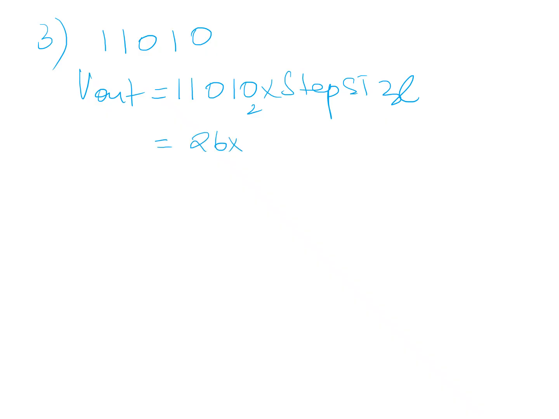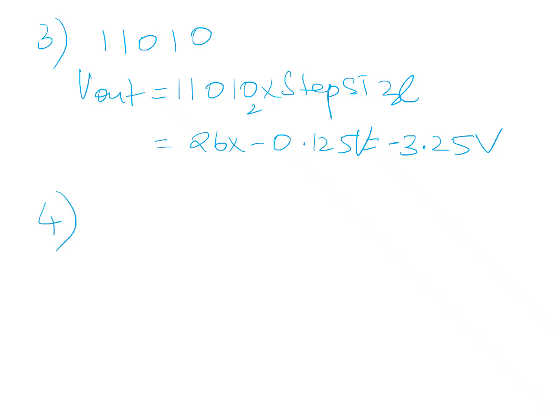So it is 26 into the step size value, minus 0.125 volts. So the output voltage for the given binary value is minus 3.25 volts.